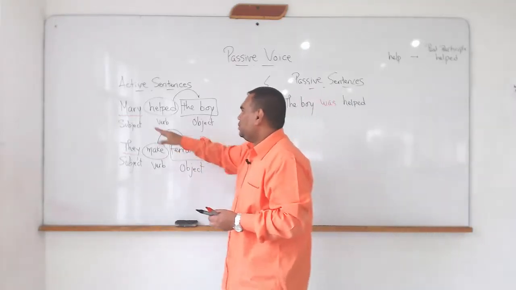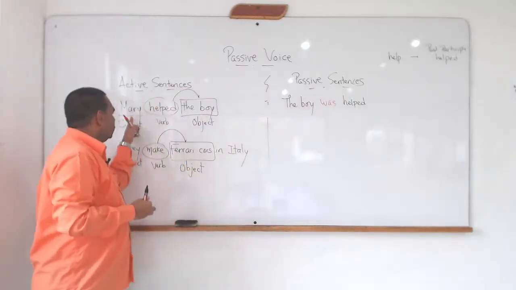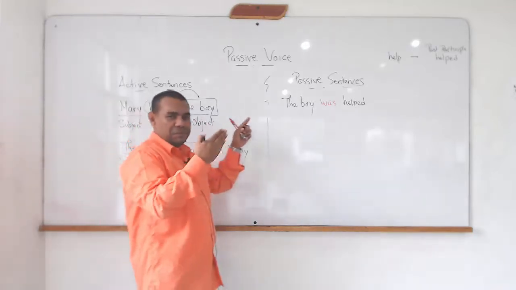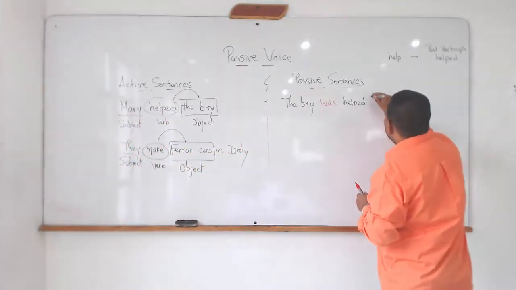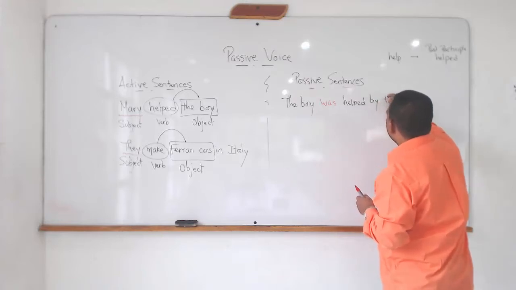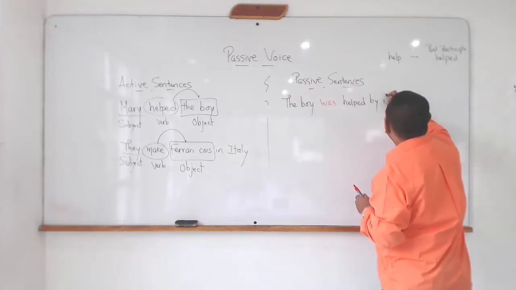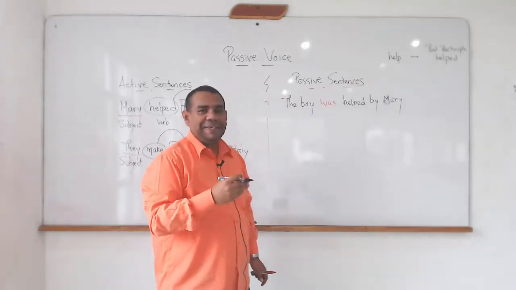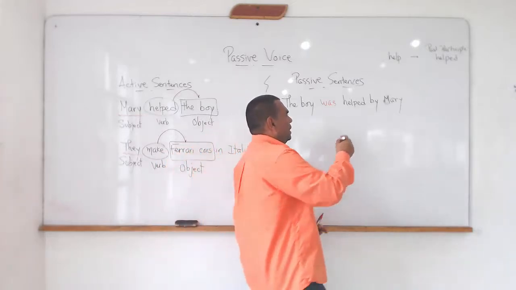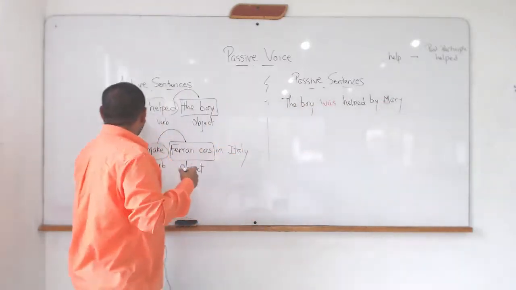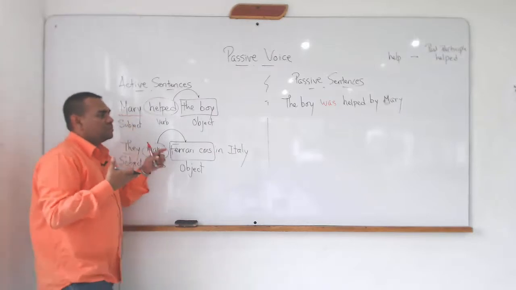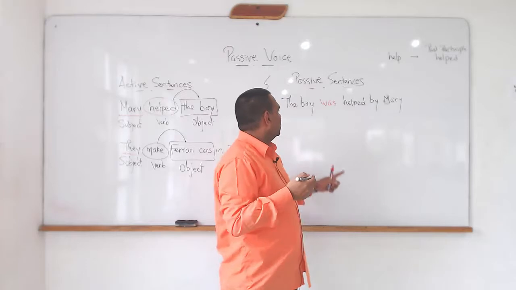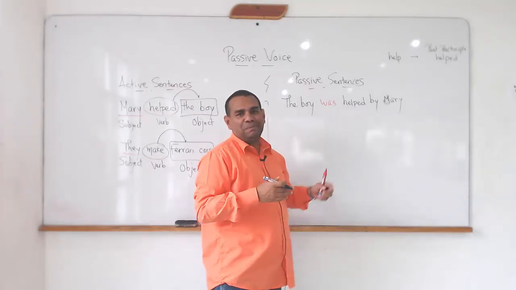And now, the information on the subject, the information on who was the person who did the action in sentence number 1 comes here too, and it's introduced by the preposition by: Mary. The boy was helped by Mary. It means that Mary, which was the subject in sentence number 1, is going to be the agent complement in sentence number 2. The boy was helped by Mary.